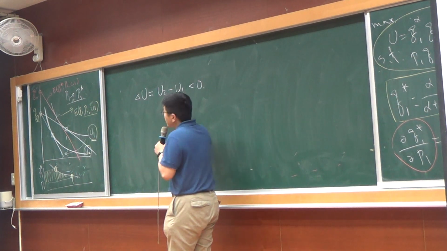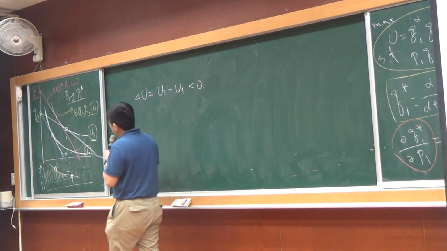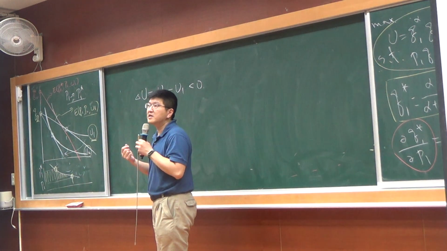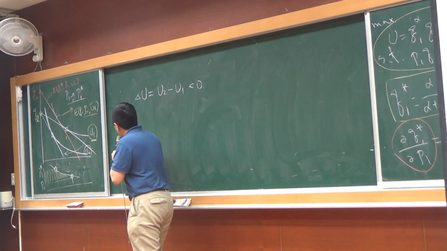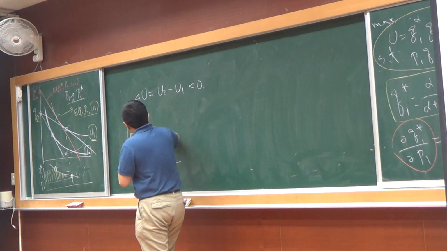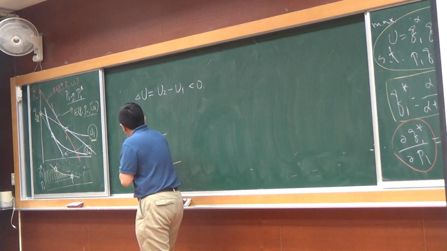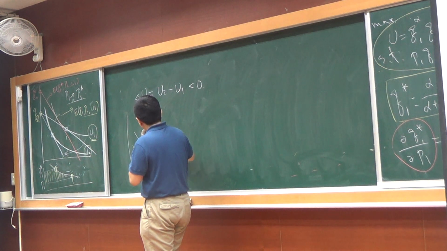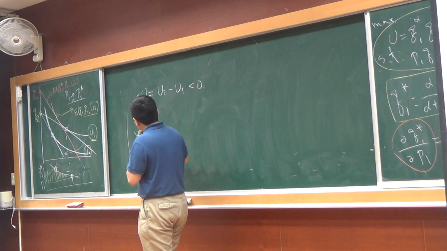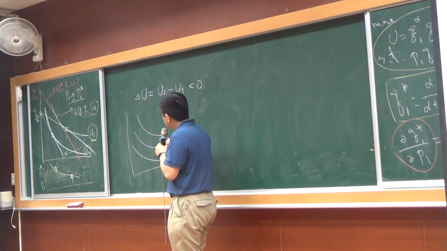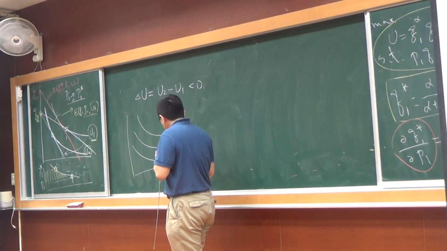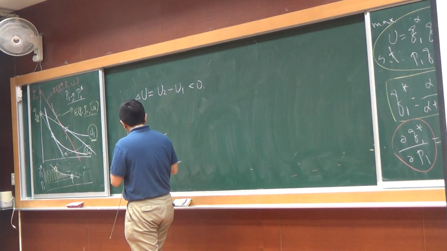But it's not easy to measure U1 and U2, so we need to find another way to measure utility. How may we do this? We'd like to measure the utility, but we don't know the exact value of utility. However, we may do something like this.